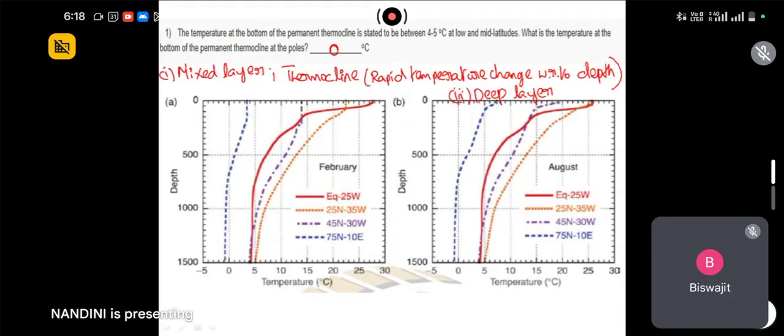So that could be the reason. During February, I think methane is less. You can see also the methane layer is very shallow, like this region is very shallow. So maybe that's why we have that stratified layer, whereas during January, we have a little bit deeper methane layer. I think that is the reason.